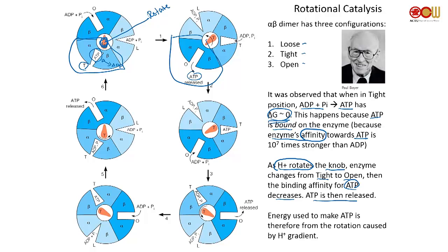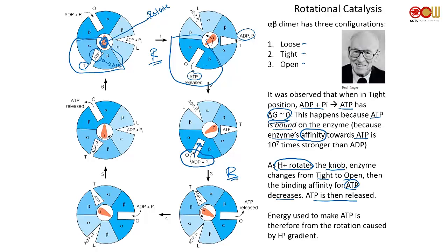What happens next? When you rotate again, this particular one doesn't change because you're changing the conformation of this. And here, your ADP and Pi go into the open state. So here is a rotation, here is just like that, and here is another rotation.